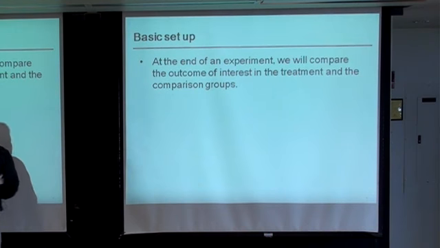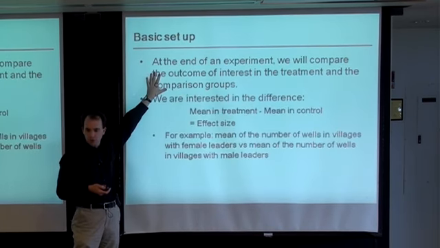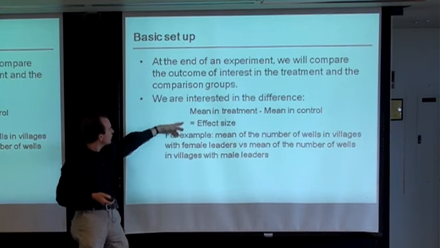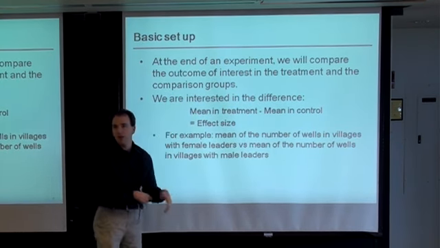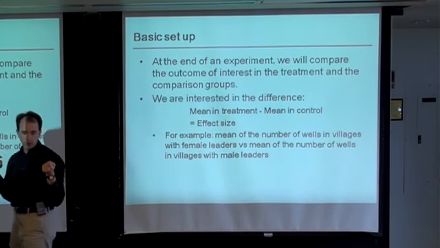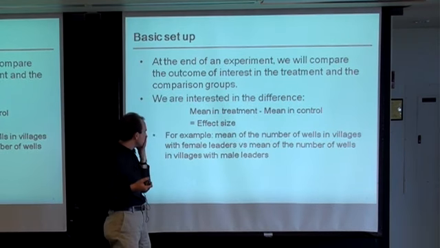So how do we apply this to an experiment? Well, at the end of the experiment, what we're going to do is compare the two different groups. We're going to compare the treatment and the control group, and we're just going to take a look at the average, just like we were doing in the gambling example. We'll compare the average in the treatment group and the average in the control, and the difference is the effect size.